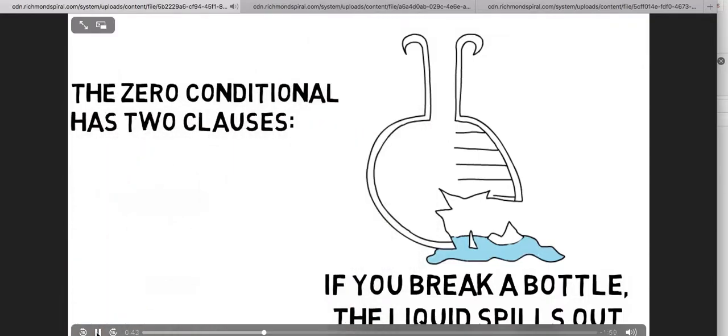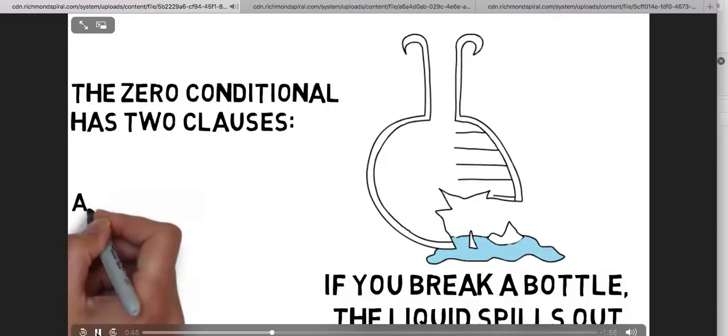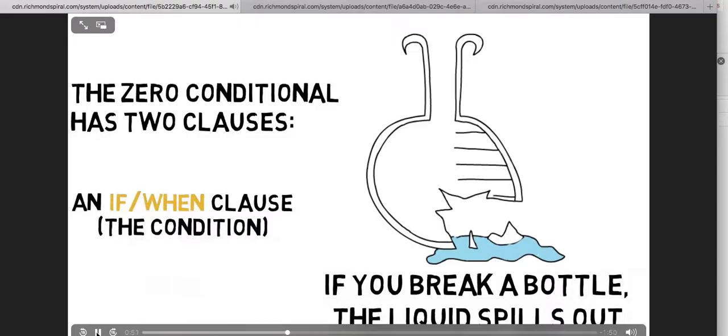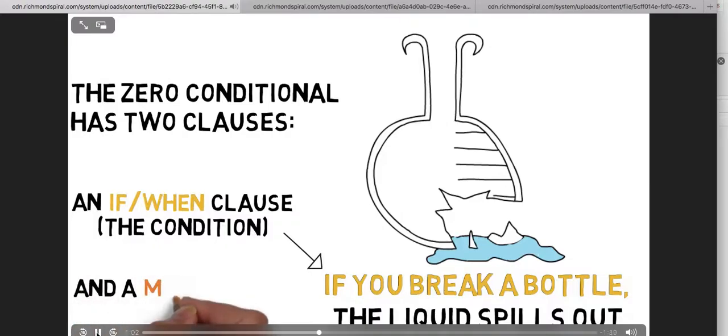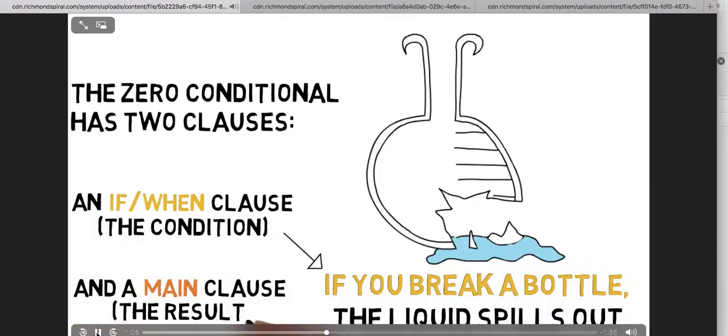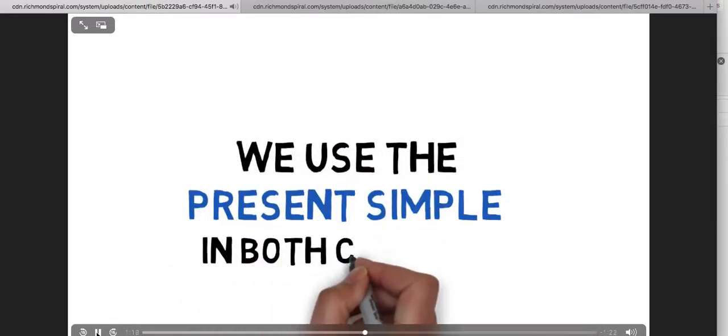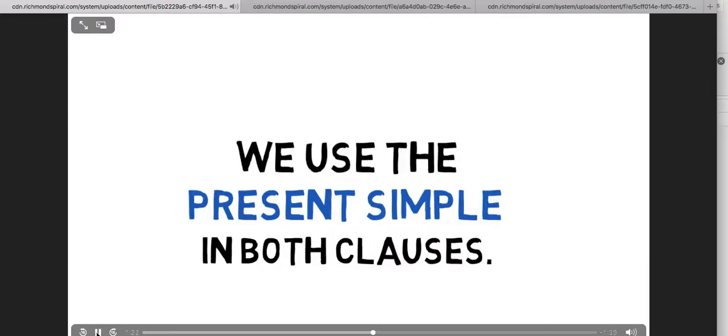The zero conditional has two clauses: an if or when clause, also known as the condition, and a main clause, also known as the result. We use the present simple in both clauses.